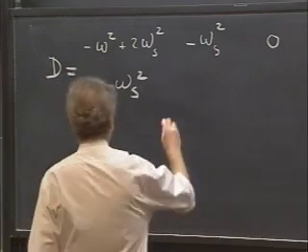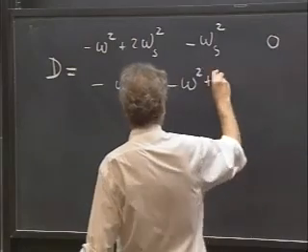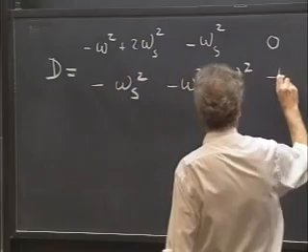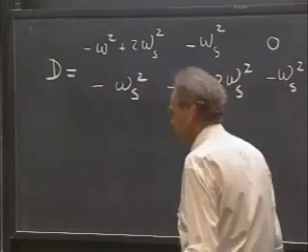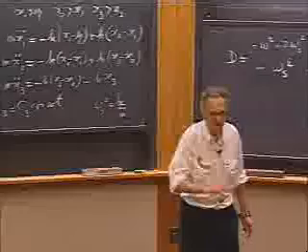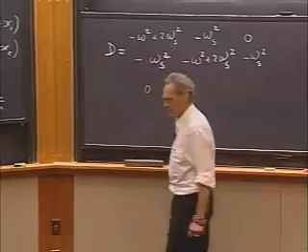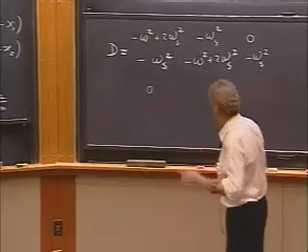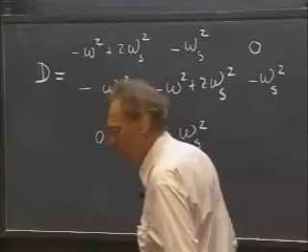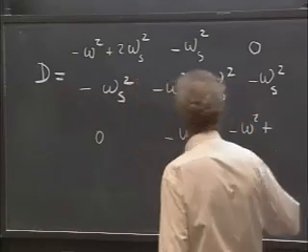And then you get here minus omega squared plus 2 omega s squared. And your last column is going to be minus omega s squared. Now the third differential equation, there is no x1. Therefore, that is a 0 here. And then you get minus omega s squared. And then here you get minus omega squared plus 2 omega s squared.